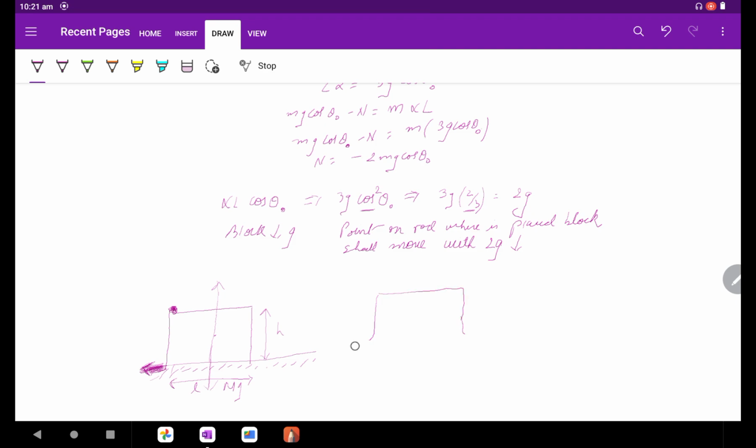Two forces are to be marked without much deliberation. One is normal as per the ask of author, and the other is mg. The force which will act on it is the friction, and it is in the backward direction, Fk, as it is rubbing the surface.